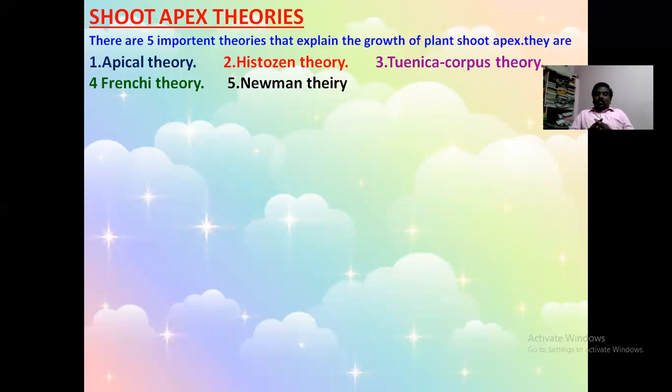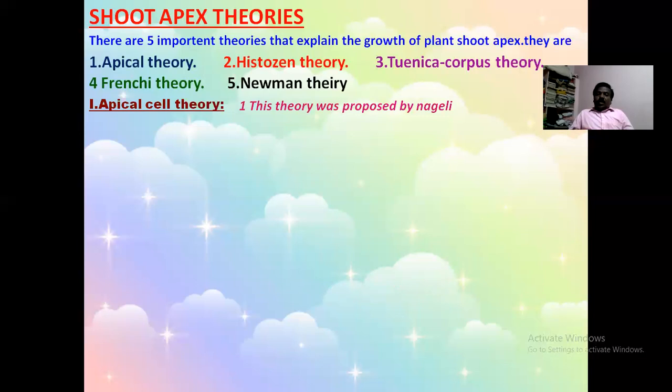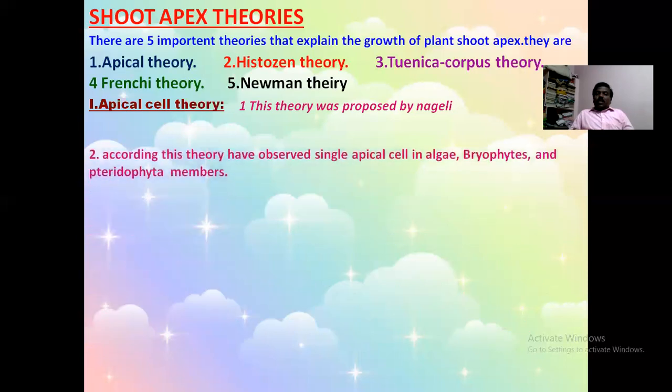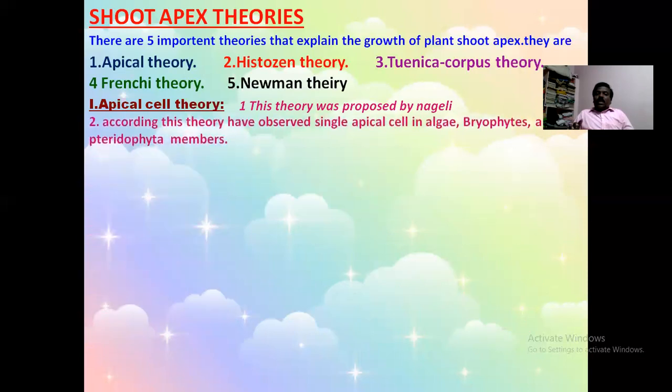One is the apical cell theory. This theory was proposed by Nagel. According to this theory, a single apical cell was observed in algae, bryophyta, and pteridophyta members, the primitive plants in cryptogams.